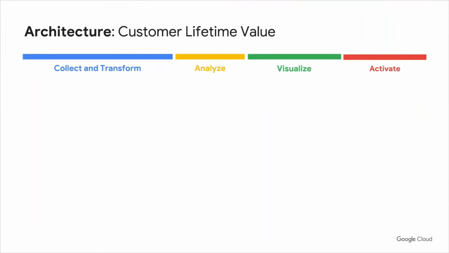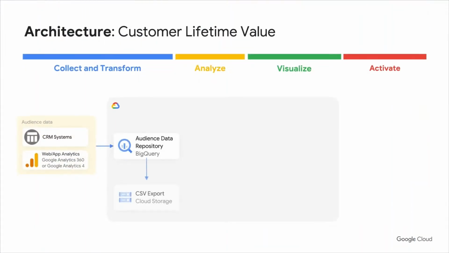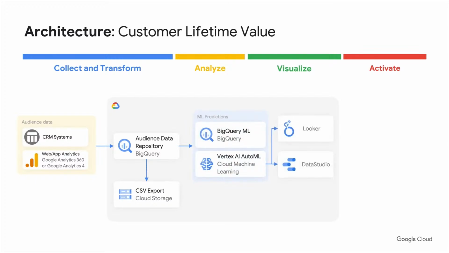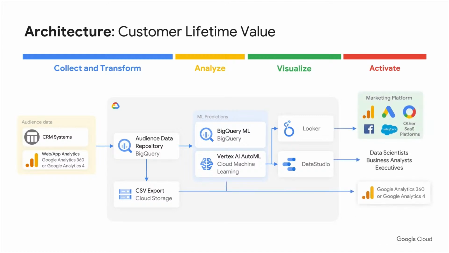In this architecture, for example, we're ingesting CRM data and Google Analytics data into a BigQuery repository, which we then analyze either using BigQuery ML or Vertex AI. Just like in the previous examples, these datasets then can be analyzed on Data Studio or Looker platforms, as well as being pushed into a Google Cloud Storage bucket to be activated on Google marketing platforms.